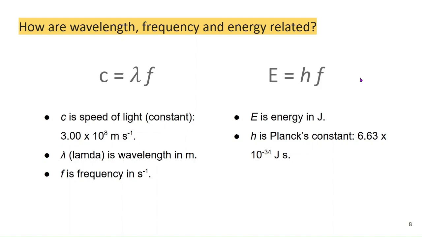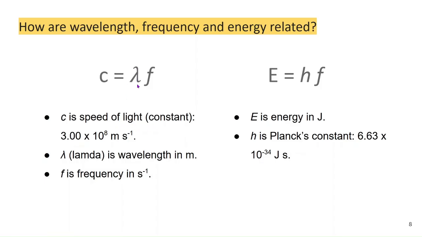So, how are wavelength, frequency, and energy related? We have a couple of equations here. These are important. We will do some calculations with these. This first one is c equals lambda times f, where c is the speed of light, which is a constant, which means it never changes. And this would be the speed of light in a vacuum. It's always the same.